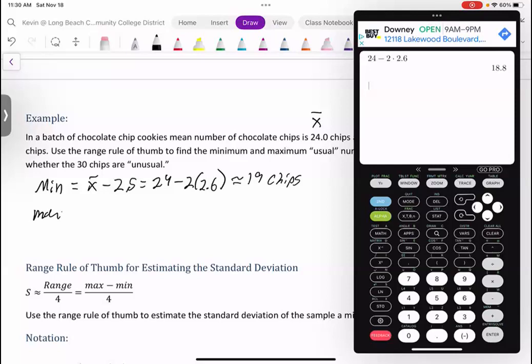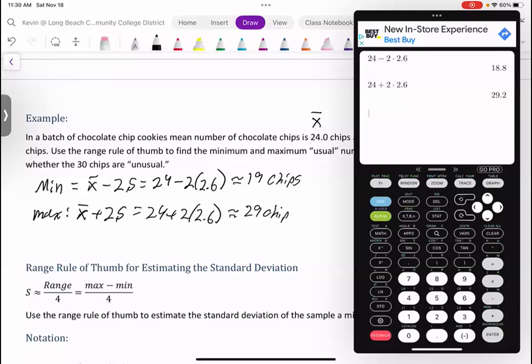Our maximum is x bar plus 2 standard deviations, which is 24 plus 2 times 2.6. That's about 29 chips.